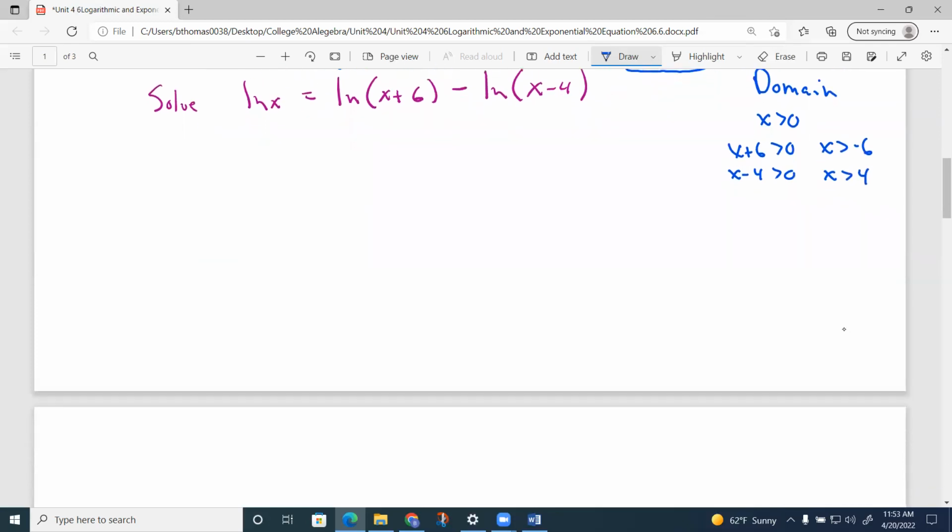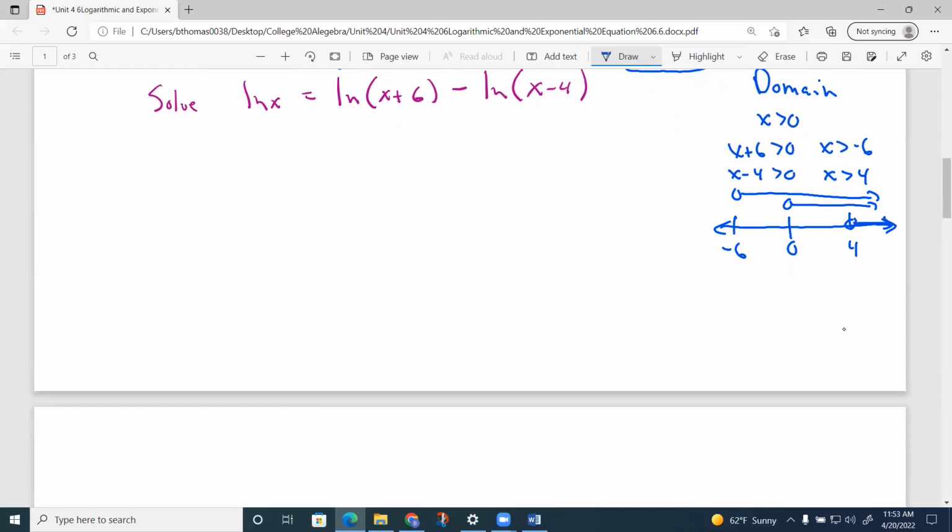So I have to choose the most restrictive. If I look at that on a number line, we have -6 here, 0, and 4. Greater than -6 would be to the right of -6. Greater than 0 means to the right of 0. And greater than 4 means to the right of 4.